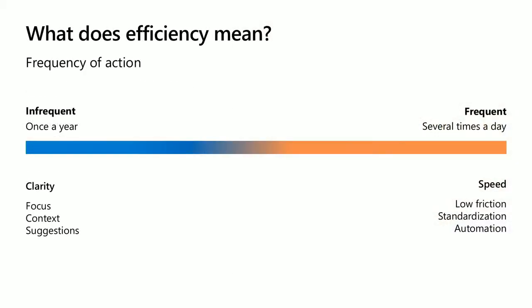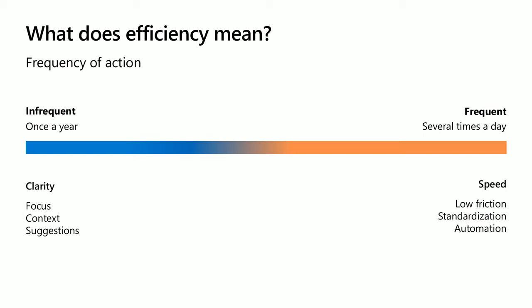Within Admin Center, we have a very diverse set of users. We have people that come in once or twice a year from very small businesses, super infrequent. We have many, many customers that come in numerous times a day, so very high intensity admins inside of Admin Center.